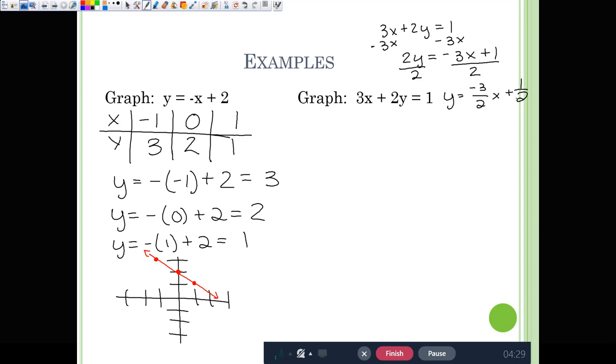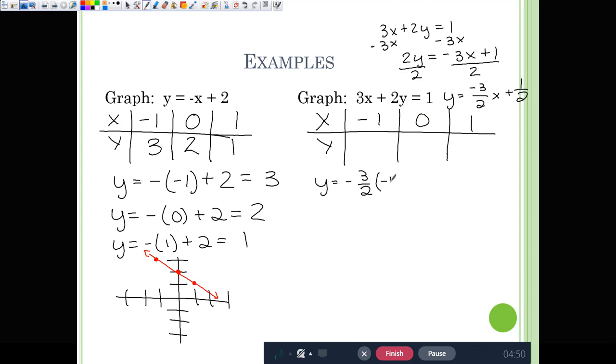So now let's solve for y. I can substitute values in for x and solve for y. Okay? So I'm going to make my chart, my table, and I'm going to select the same values, -1, 0, and 1. So I have y equals -3 over 2 times -1 plus 1/2.